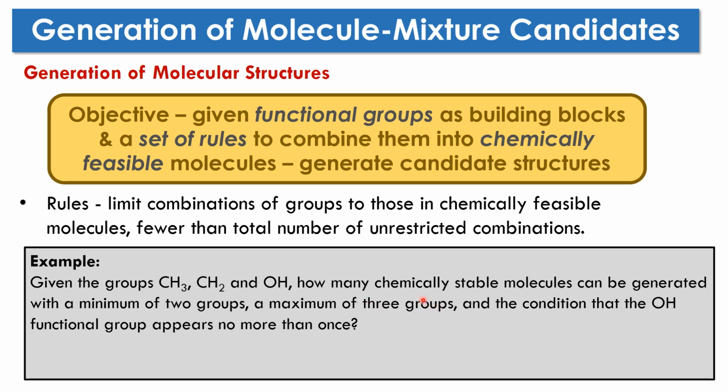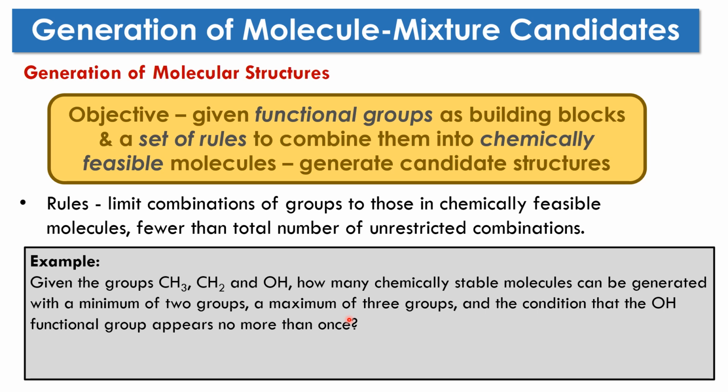And of course, you should understand that the same type of building block can be used more than one time, unless it is mentioned otherwise. For example, here, the condition is that the OH functional group appears no more than one.